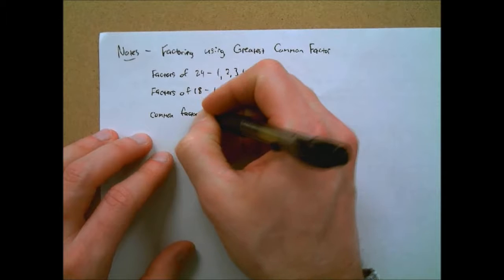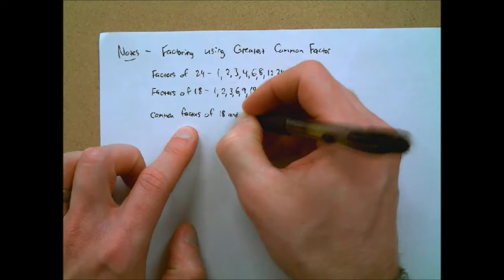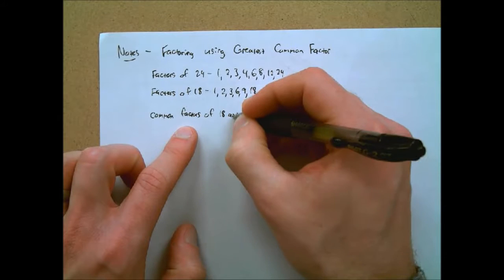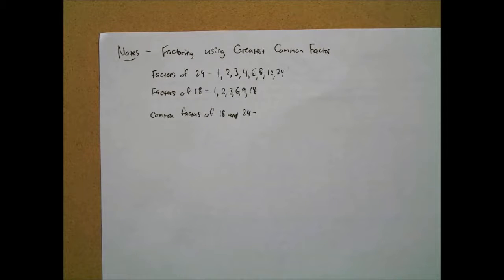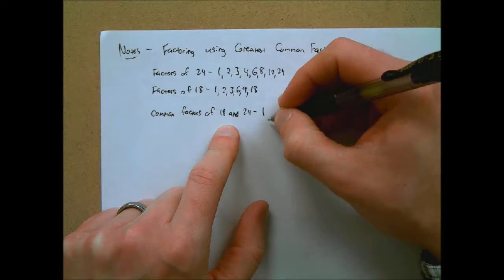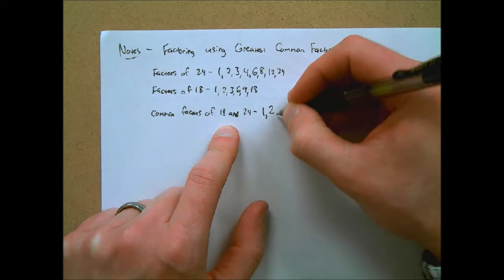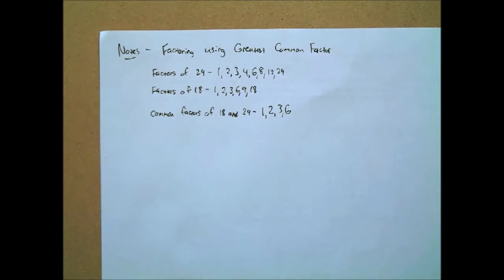The common factors of 18 and 24, we talked about this too, right? So we had the factors of 24, the factors of 18 listed out. The common factors of 18 and 24, well, they both can be divided by a 1. They both have a factor of 2. They both have the factor of 3. And they both have the factor of 6. Okay?